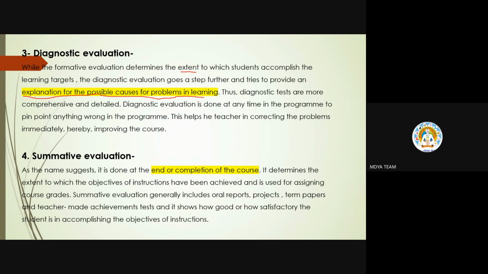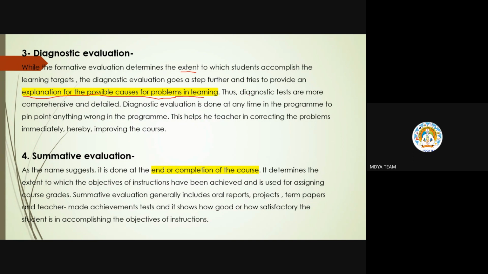So why the learner is underperforming, we can figure out with the help of diagnostic evaluation. It is used for explaining the possible causes of problems in learning.